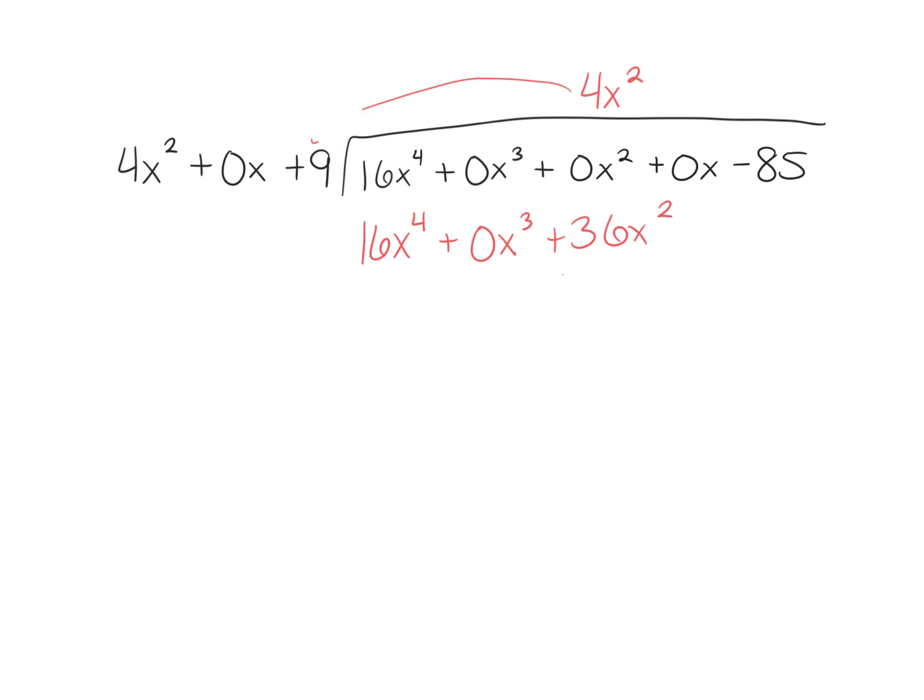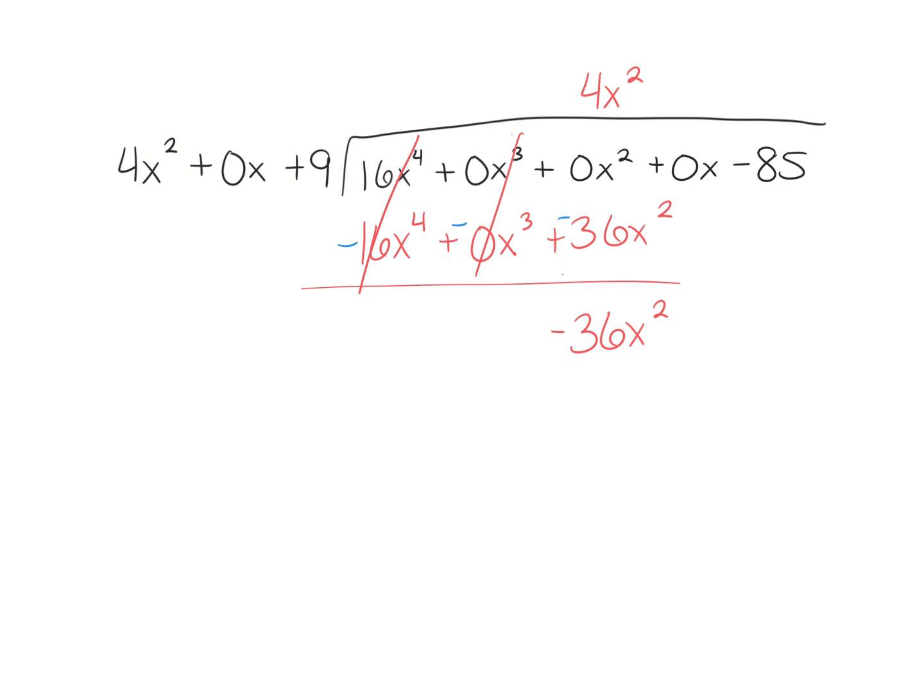What do I do now? We're going to subtract. Make sure you change all of the signs so that you know you're subtracting. What happens to the 16x to the fourth? It's gone. 0 minus 36, negative 36x squared. Plus 0x.